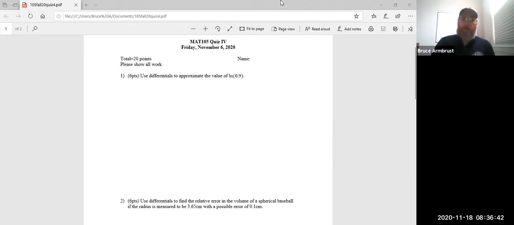So what we're going to do is take the function natural log and evaluate it and its derivative at a point somewhere near what we're interested in. So we've got a linear approximation for the function. Use that derivative to approximate.